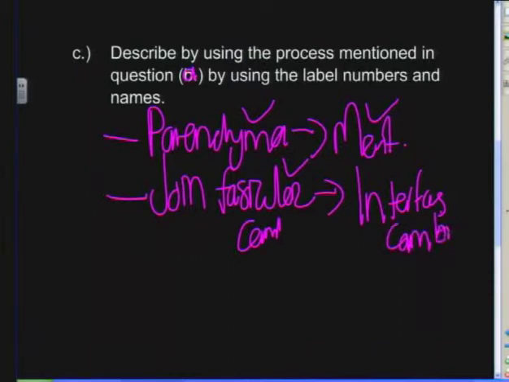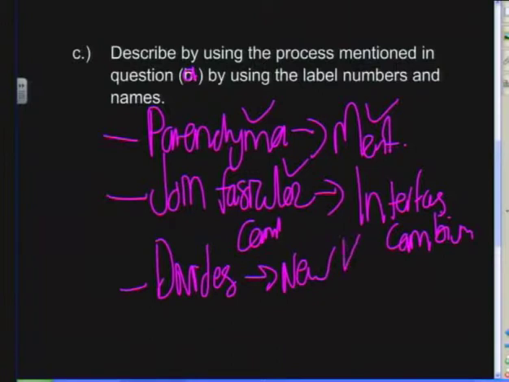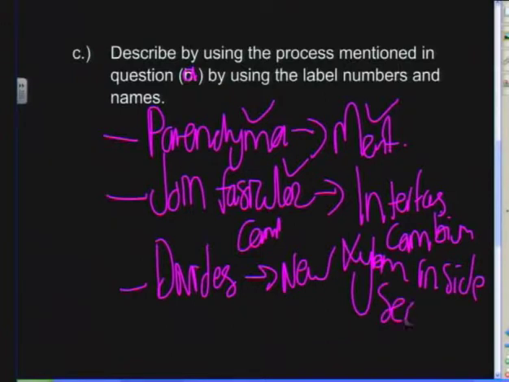Now it's in a circle, so what does the interfascicular cambium do? It divides and it lays down new xylem on the inside. And what do we call that xylem? Secondary xylem. Let me see if I touch here.